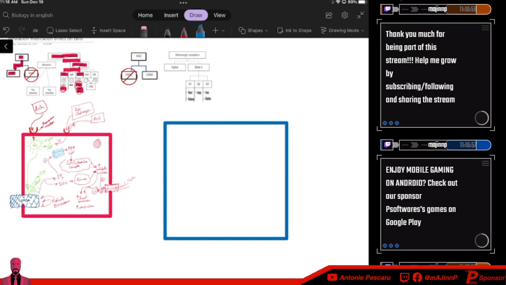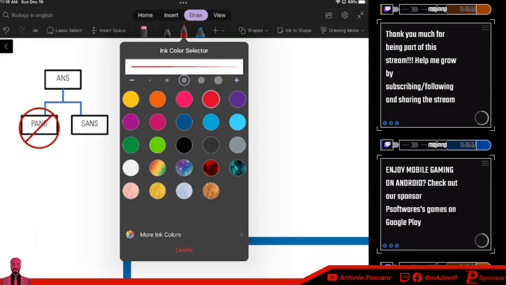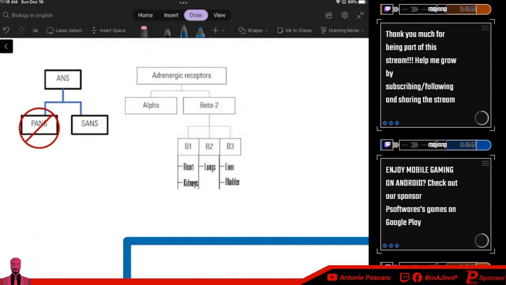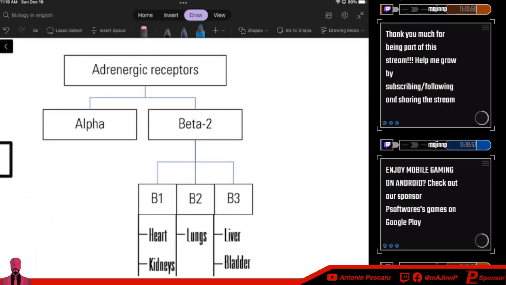But if we go back to our graph over here, the pathway that interests us, you have our ANS going towards the SANS, our sympathetic part of the nervous system that gets controlled, which will then permit us to better understand what the adrenergic receptor is and its pathway.